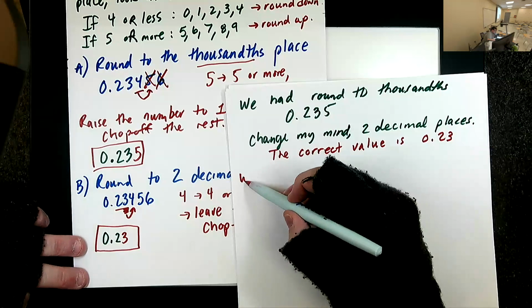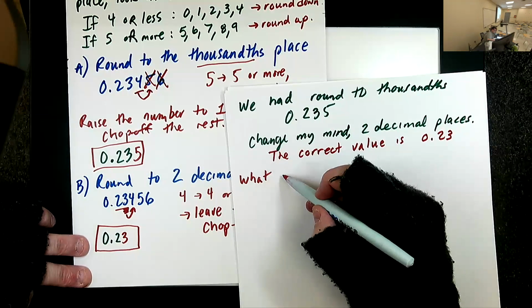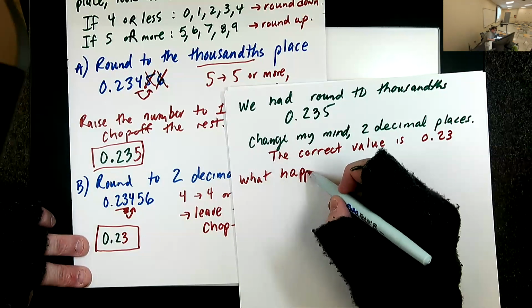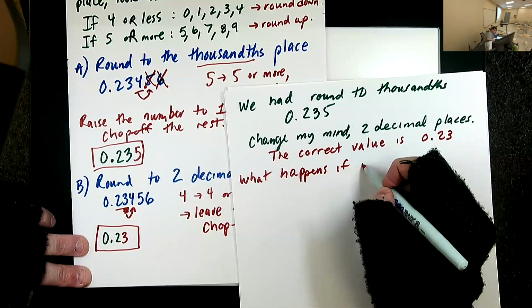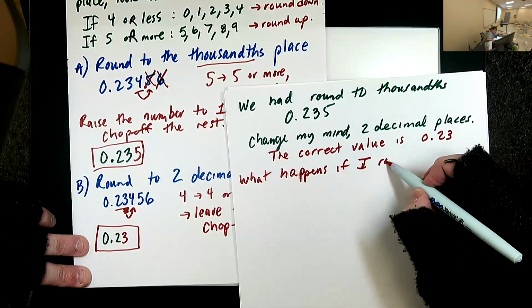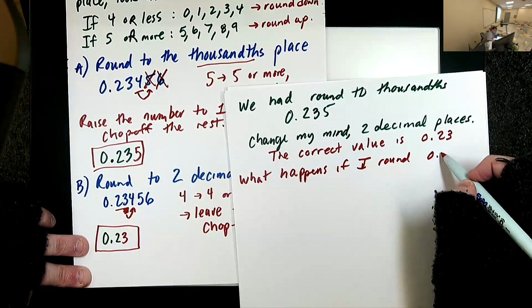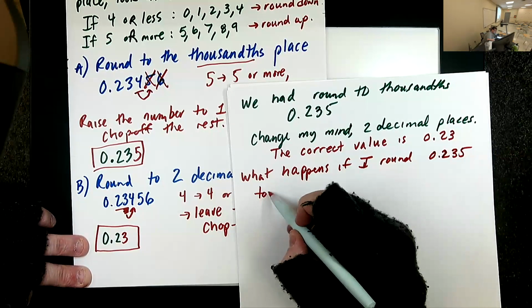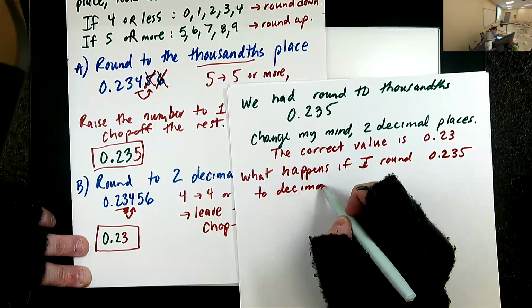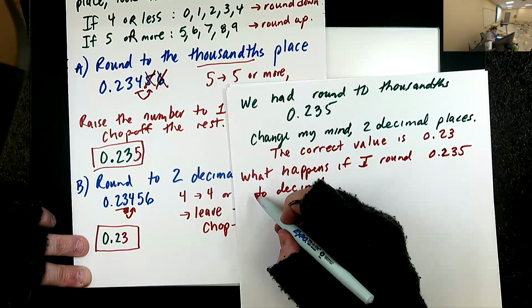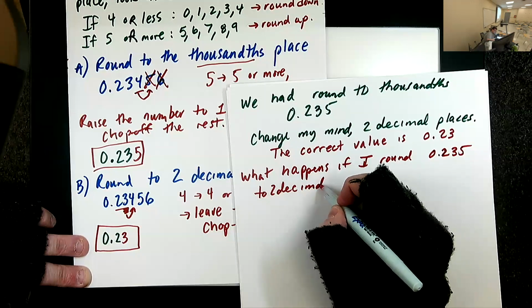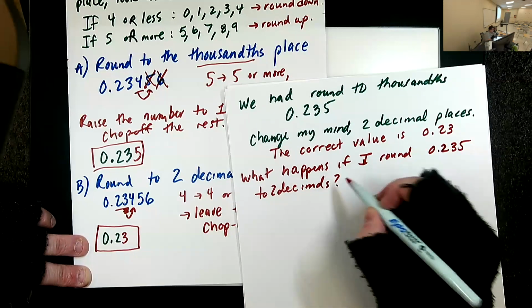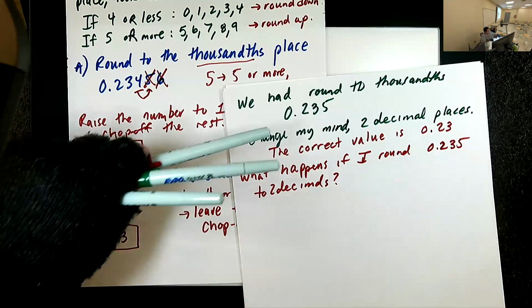What happens if I try to round the 0.235? I round the 0.235 to 2 decimal places. What does this become?